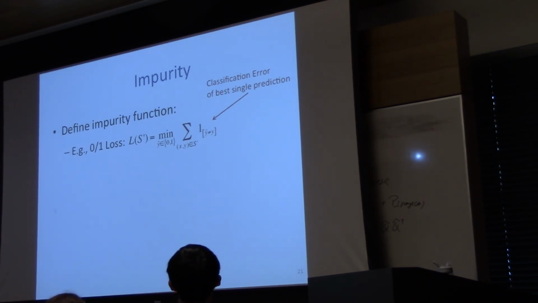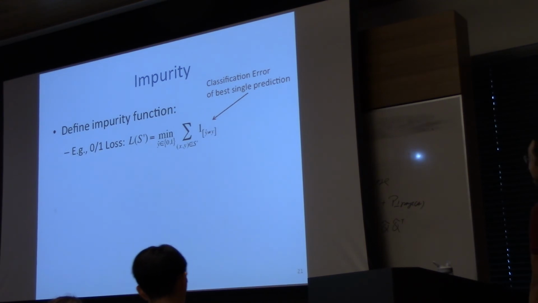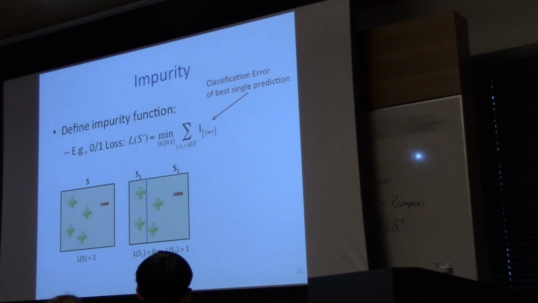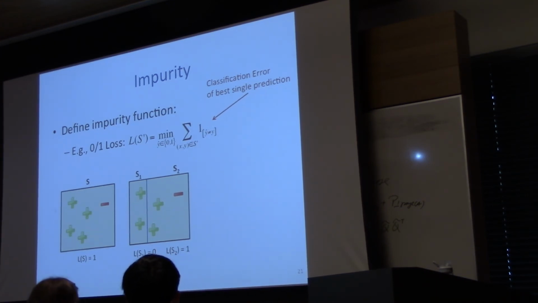Just 1 minus the accuracy. So if this was my leaf node, then the optimal prediction is to predict 1, and the 0-1 loss is 1. Right? And then if I were to do this split, the 0-1 loss of this side is 0, and the 0-1 loss of this side is 1.